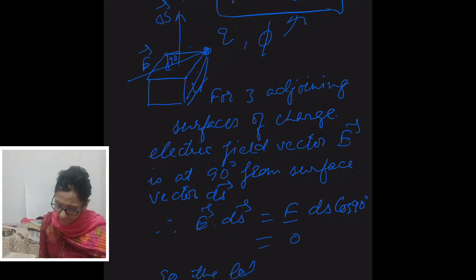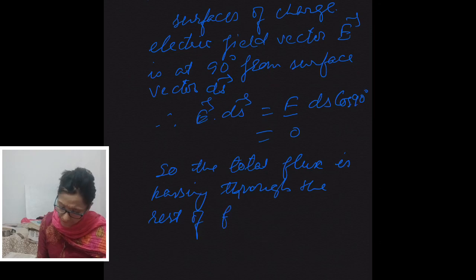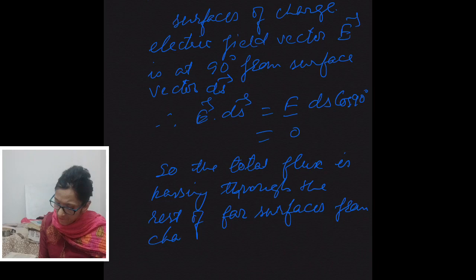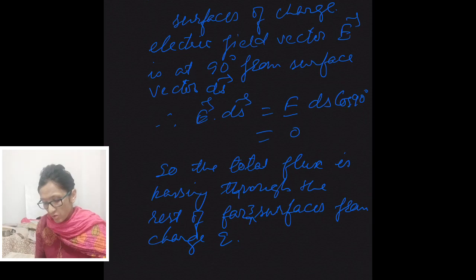So the total flux is passing through the far 3 surfaces, the rest of the surfaces from charge Q. For 3 surfaces I should write, because altogether there are 6 surfaces only, and the field line is not passing through these 3 surfaces.